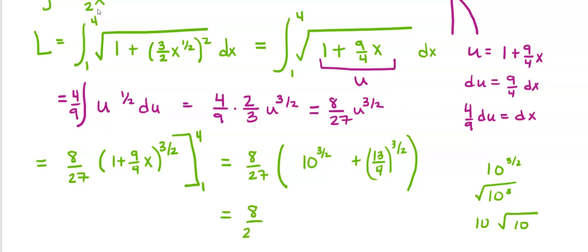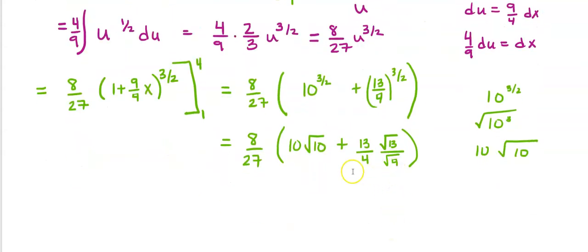So we have 8 over 27 in front, and I'm going to write that as 10 root 10, plus, and I can do the same thing for this one, 13 over 4 root 13 over root 4. Just simplifying that down a little bit. Well, root 4 obviously simplifies, right? Because root 4 is 2. So we're just doing some simplification, making it look nice. And we always love to make it look nice.